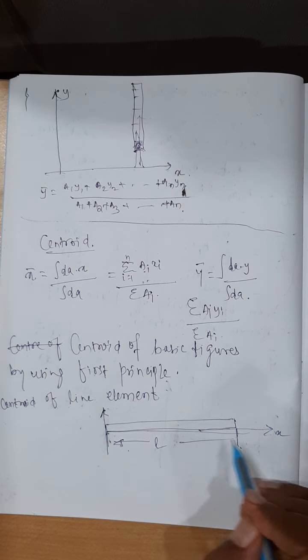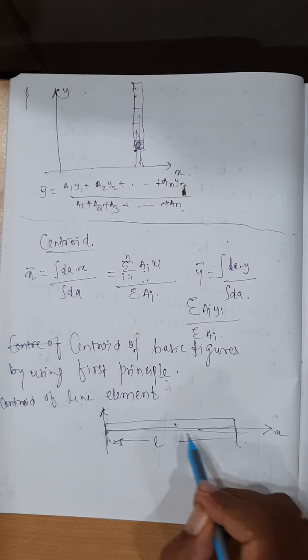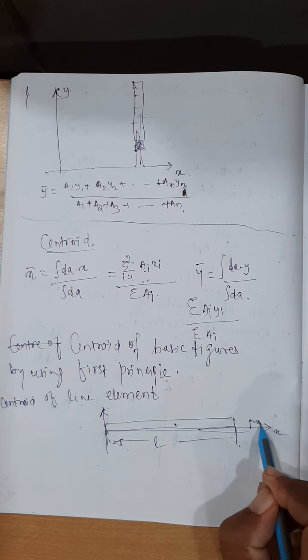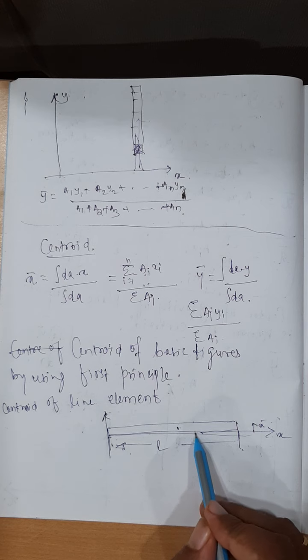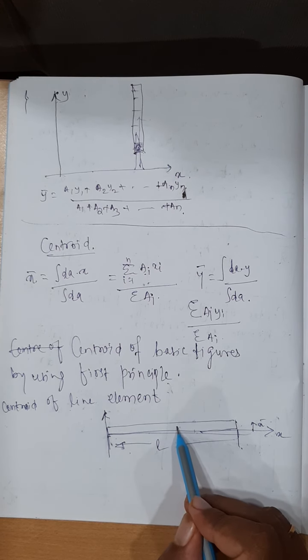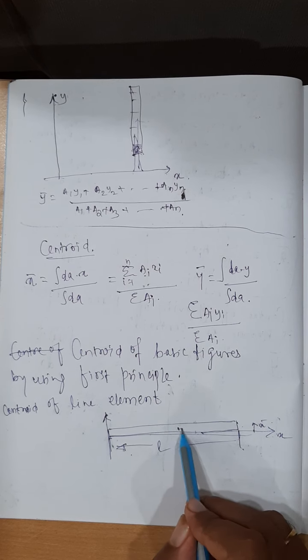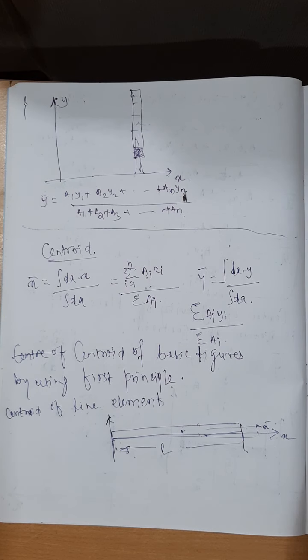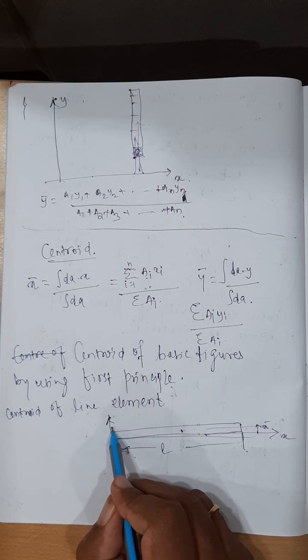So if I ask you what is the x bar of this center of gravity, approximately this length is negligible. Therefore I can say that its x bar is almost equal to 0. Now I need to calculate the value of y bar.